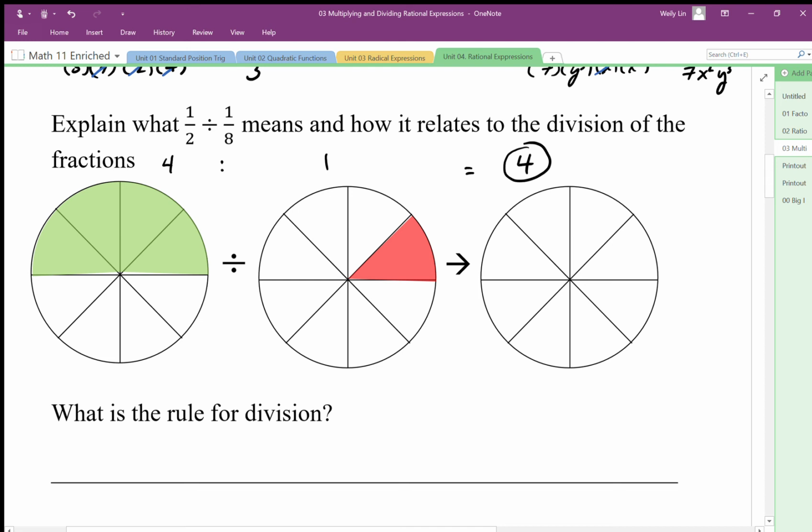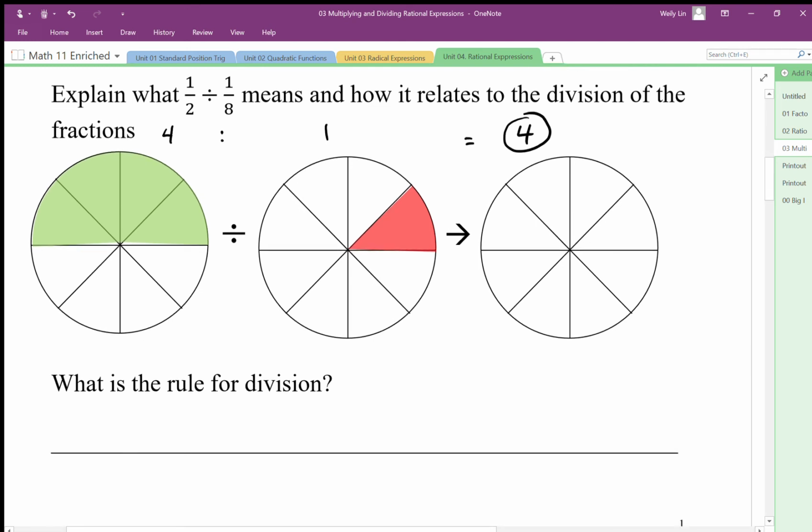An easier way to do this would be, since fractions are times and divide, if I'm saying this is divide, this really means that I'm dividing by 1 and I'm dividing by 8, or really multiplying by 8.